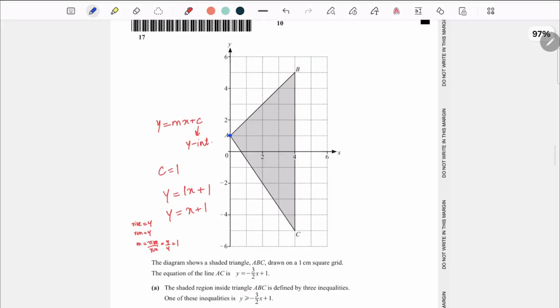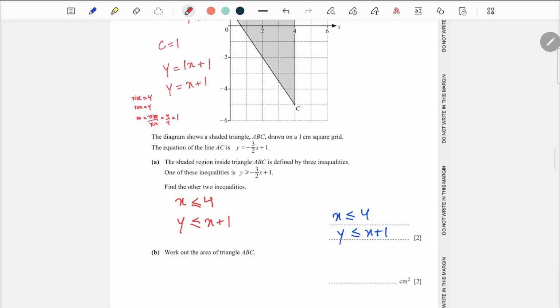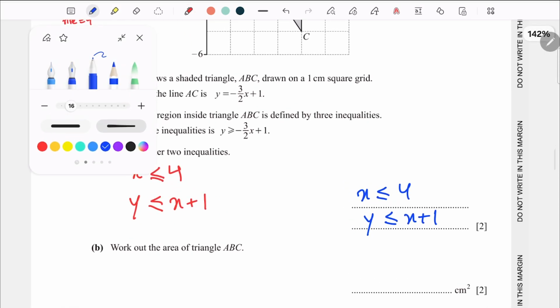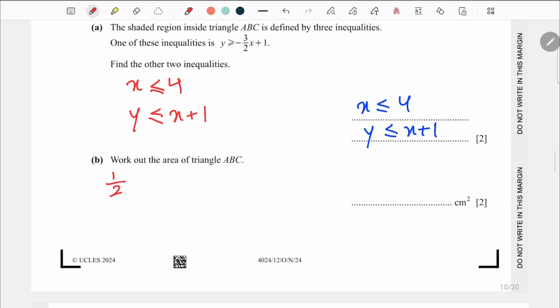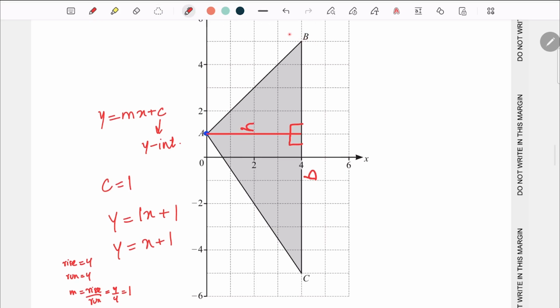So we basically have to find the area of this whole triangle right here. The general formula for the area of a triangle is half into base into height. H basically represents the perpendicular height. So this part would be the height and this part is the base, which is BC.